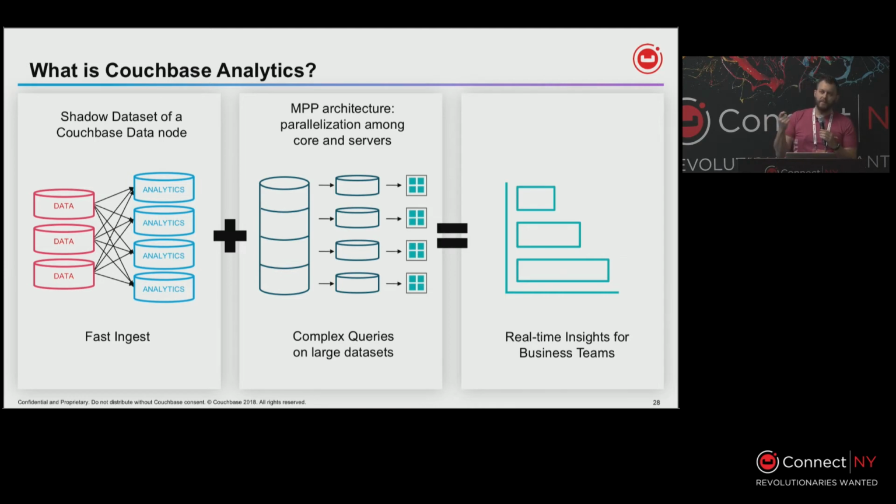But we use an MPP architecture, a massively parallelized processing architecture, to use all of the available cores for each of the analytics nodes that are present. And this is very good for things like complex queries, large queries, aggregates, and you're able to get near real-time insights on your data throughout your business, and perform these queries in a very, very responsive time frame.